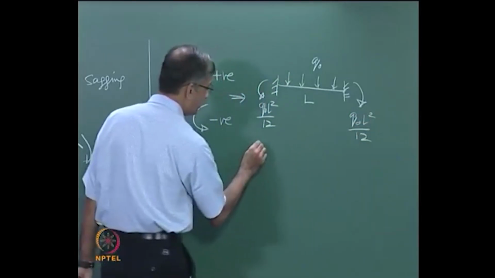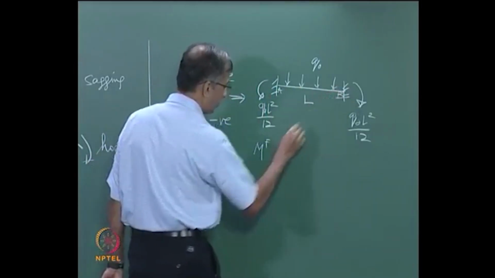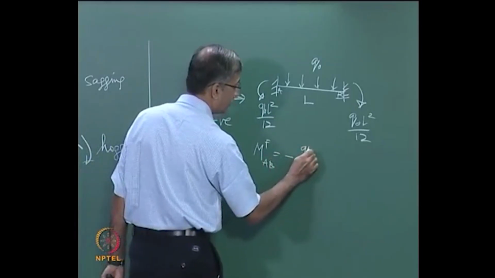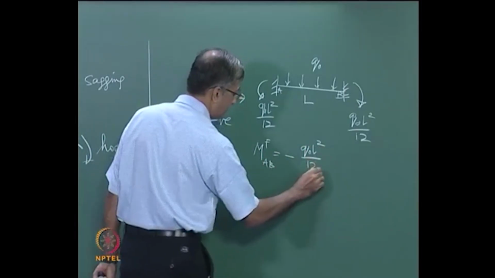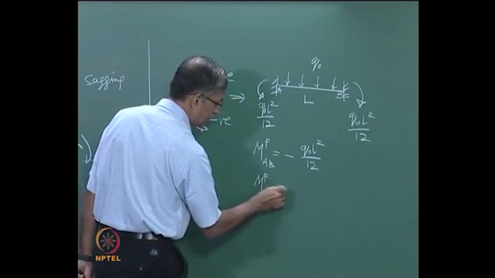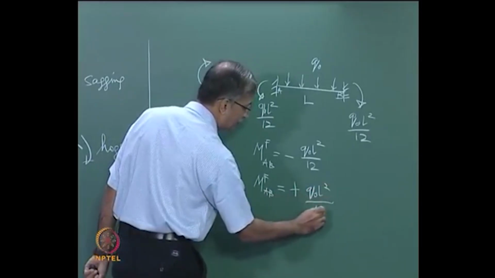But you will write MF, let us say this is A and this is B, you will write MFAB as minus Q naught L squared by 12 and MFBA as plus Q naught L squared by 12.